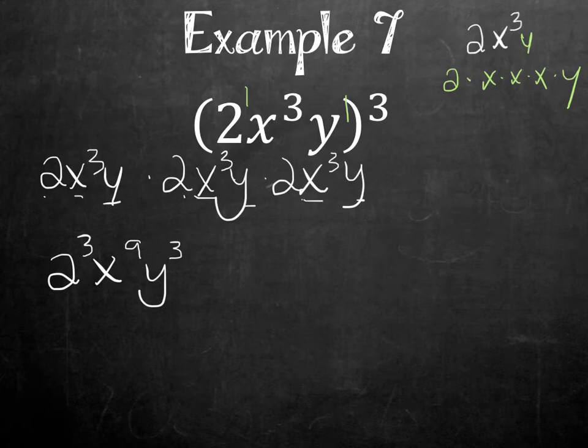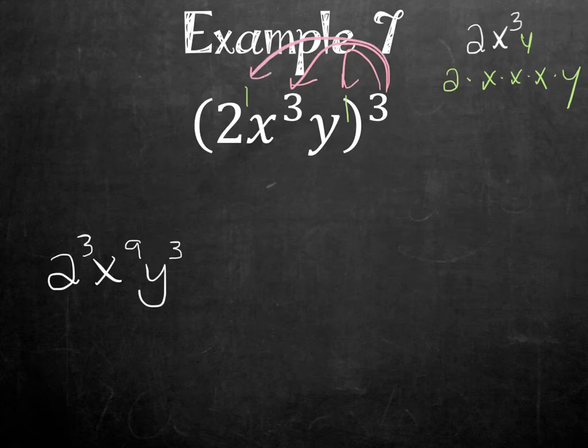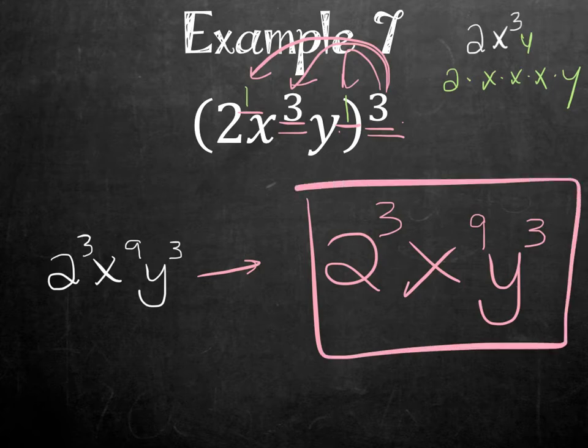Now the shortcut to that is, as I was just saying, essentially just to distribute. If you remember when you did the distributive property, that was when you multiplied a number times multiple terms within parentheses. So it's not really distributing, but it's pretty similar. So I like to draw the little arrows and take a shortcut. So that's 2 to the 1 times 3 is 3. X to the 3 times 3 is 9. Y to the 1 times 3 is 3. And hopefully you can see after writing out the factors how that shortcut really works.